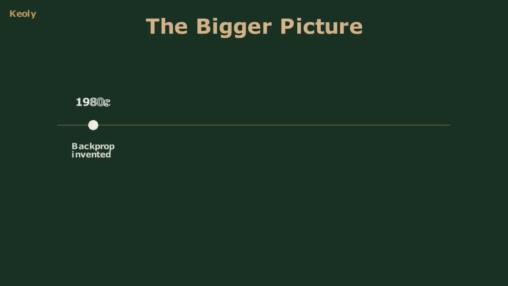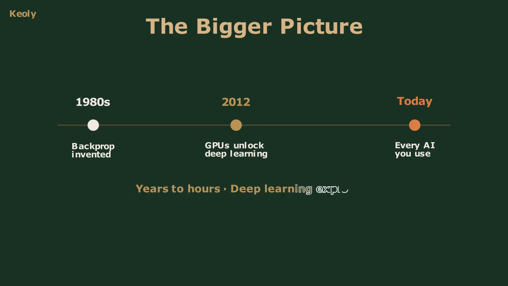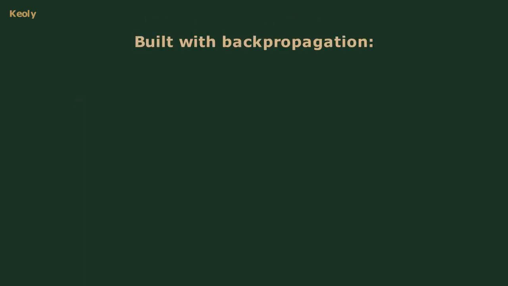Backpropagation was invented in the 80s. For decades, it was considered too slow to be practical on large networks. Then GPUs got fast enough to run millions of operations in parallel. Training times went from years to hours, and suddenly deep learning exploded.